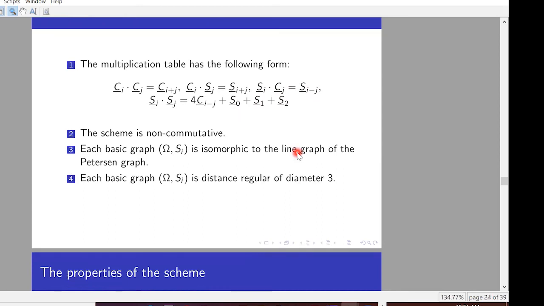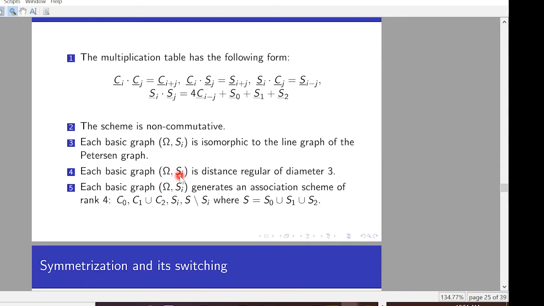This graph is distance regular, diameter 3, which is antipodal, and the antipodal system is formed by 5 cliques of size 3. So every basic graph of that type is a distance regular graph. It generates an association scheme of rank 4.